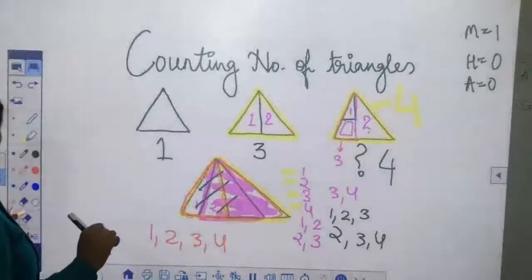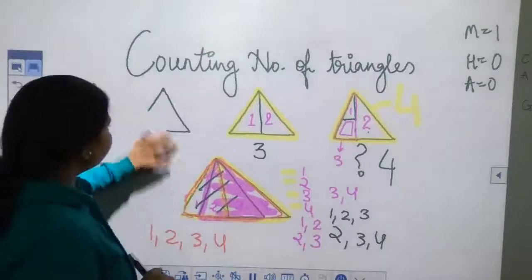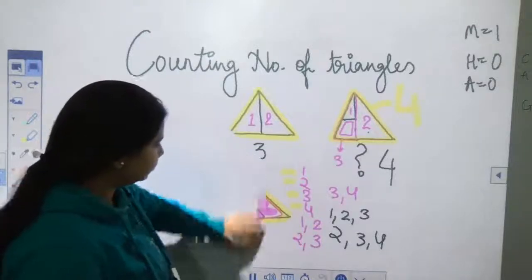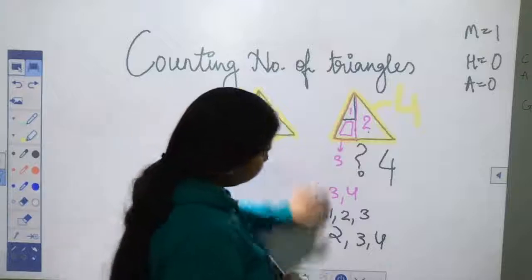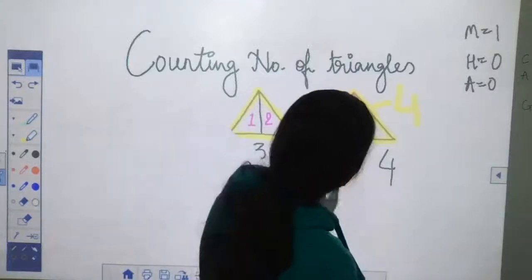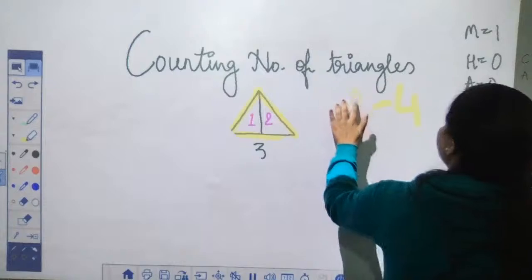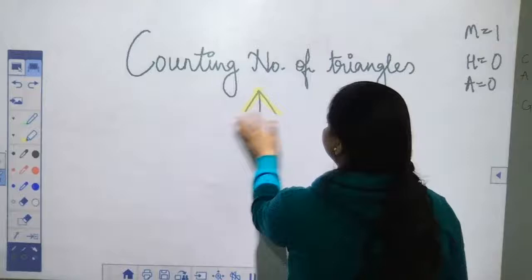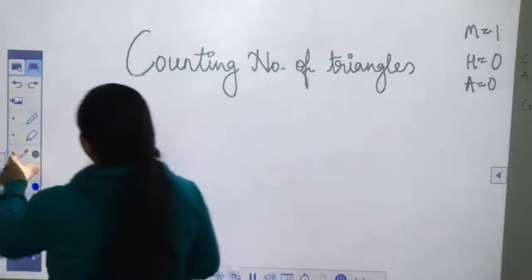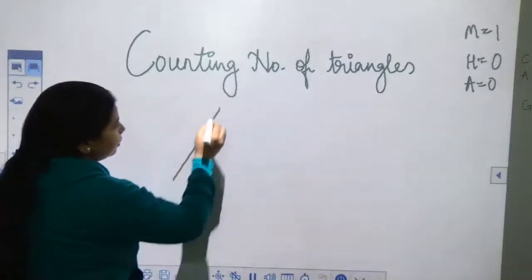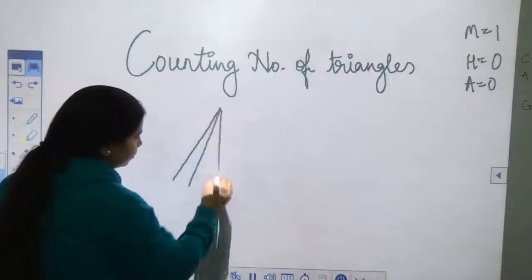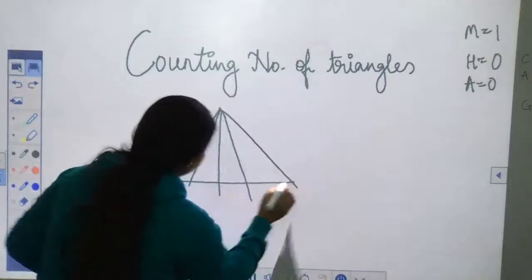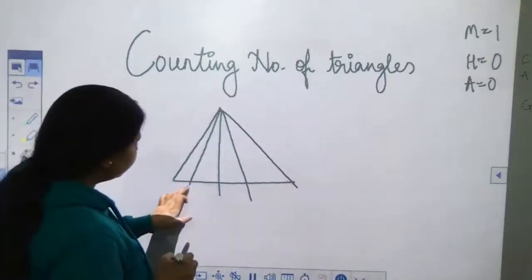So what's that trick? I'm just sharing it with you. With the help of that trick, you'll be able to count the number of triangles without actually counting them. You were having a figure like this.